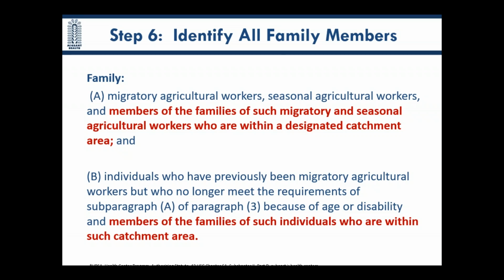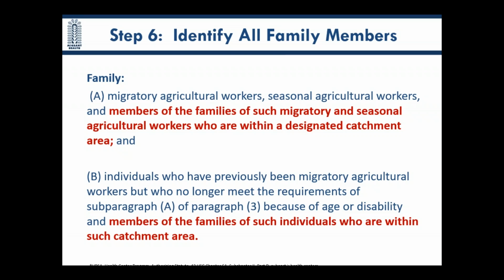And then we don't want to forget to identify all family members. The Consolidation Act of 1996 expanded the definition to include family members. So all family members of a verified farm worker are also classified as farm workers. This is regardless of a dependent's insurance status.